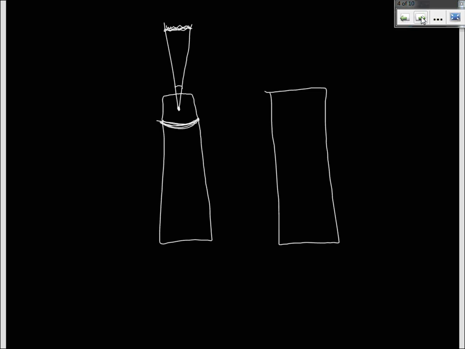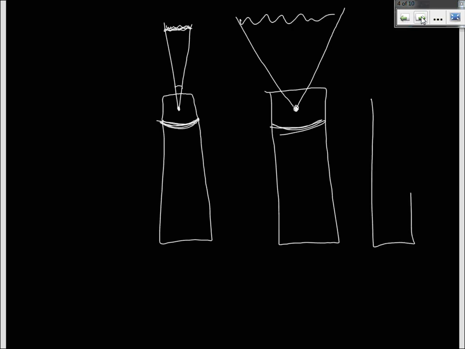I'm trying to draw the exact same flashlight. And now you rotate it, and now all of a sudden the spread is a lot wider. And then you rotate it more, or you rotate it a lot the other way, and the spread is even smaller.